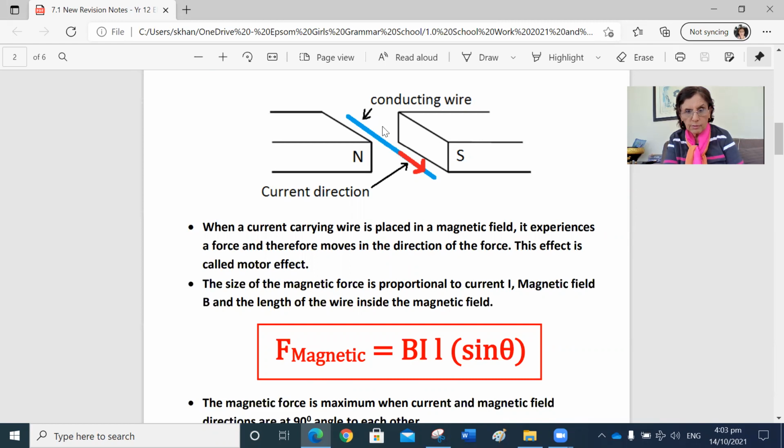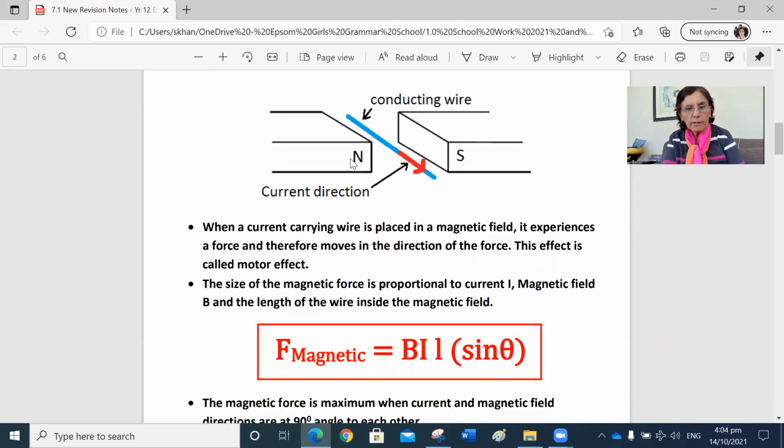It depends on the size of the current and it depends on the length which is inside the magnetic field. Now, why does the wire experience a force? Because this current carrying wire will have a magnetic field around it, and there is the magnetic field of the magnet. So these two magnetic fields, of the current carrying wire and the magnets, interact, attracting or repelling and making the wire move. So that's the reason.